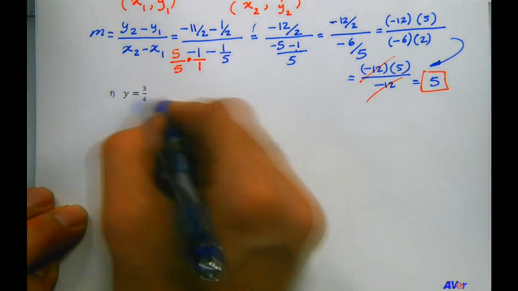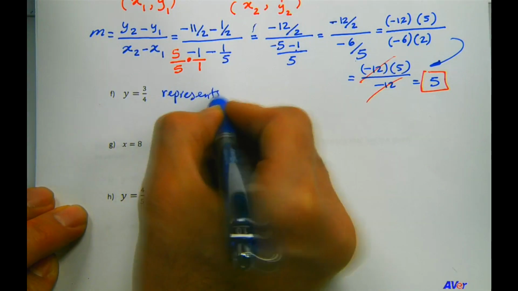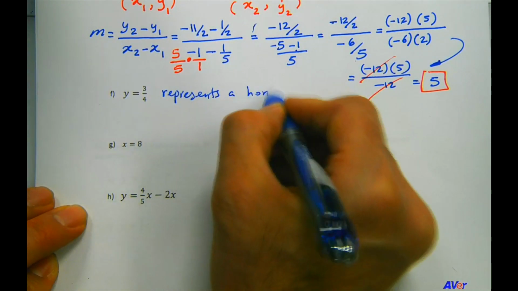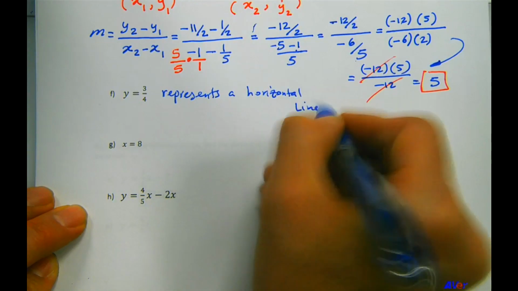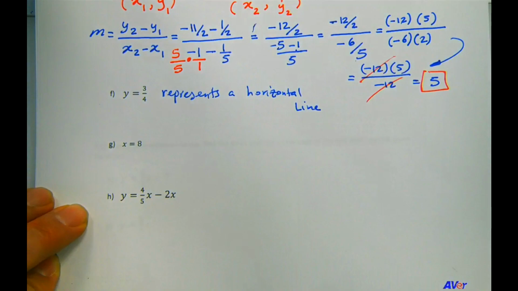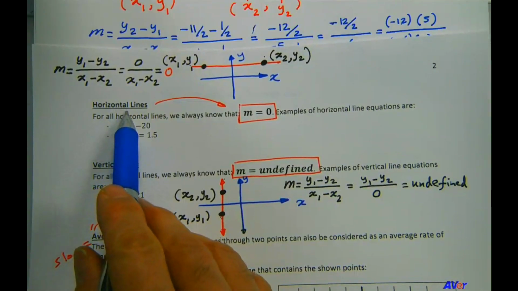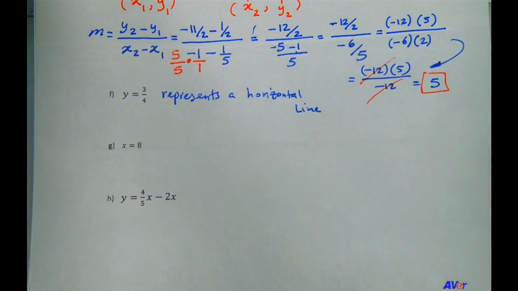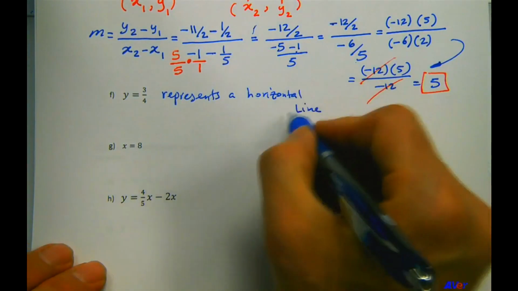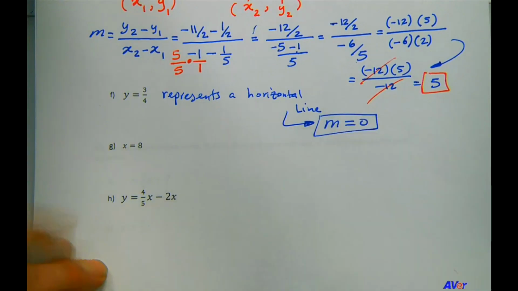So this equation represents a horizontal line. And what did we say on the previous page? We said that horizontal lines, any horizontal line, has a slope of 0. So right away, based on that, we say that the slope is equal to 0.